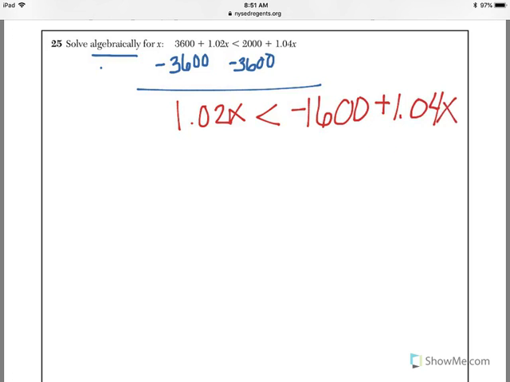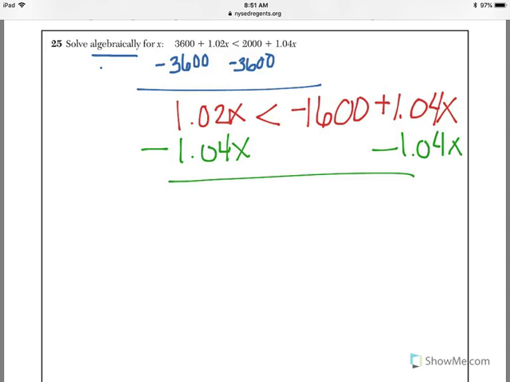In the next step, we can subtract 1.04x. And when we do that, we will end up with negative 0.02x is less than negative 1600.